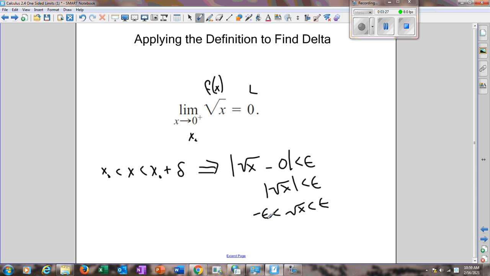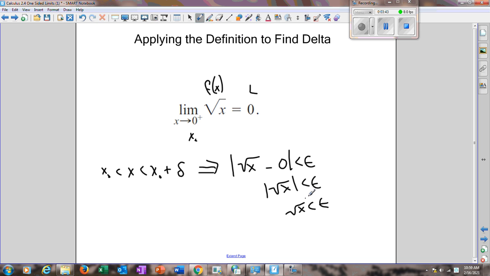But remember, we're not looking at it from the minus side now because we're only coming at it from the right, so I don't have to worry about the negative. Now I can solve this by squaring both sides. This gives me x is less than epsilon squared.